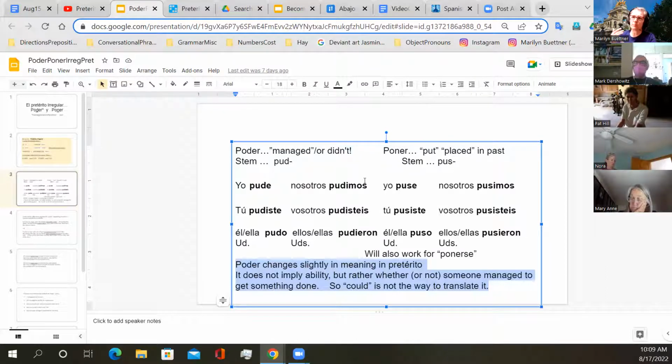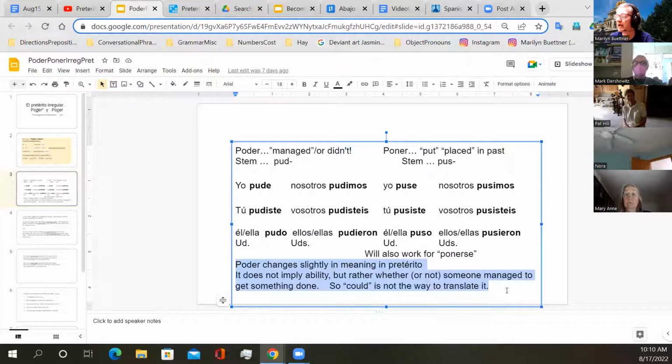Those forms that look like podía, podías, podía, podíamos, podían, because I think conversationally, we tend to talk more about what somebody could do, meaning what they were able to do at a specific time, or not at a specific time, but in general in the past. But you do hear poder used in preterito, and then it really implies that something actually happened. It actually, that person managed to get it done.